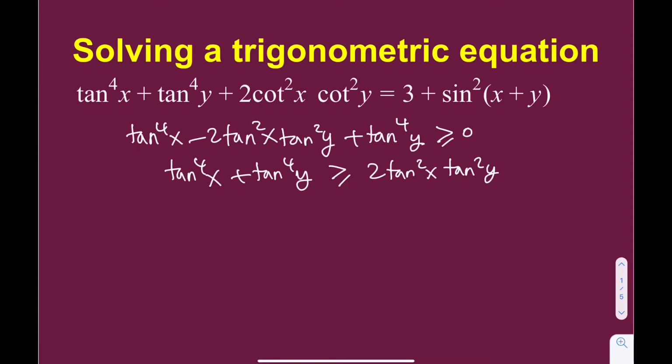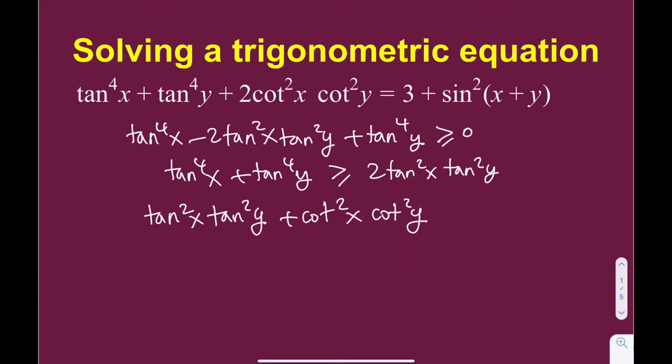Now I do need something that I can use to compare tangent squared x tangent squared y plus cotangent squared x cotangent squared y, and that actually comes from the fact that they're reciprocals. So I can go ahead and write this as well. I can basically say that tangent squared x tangent squared y plus cotangent squared x cotangent squared y.